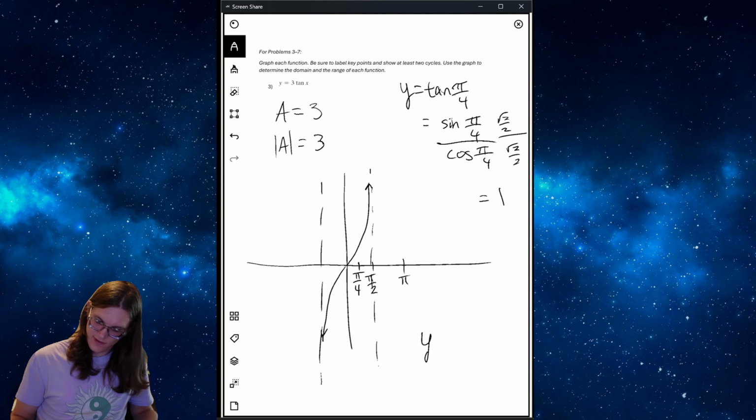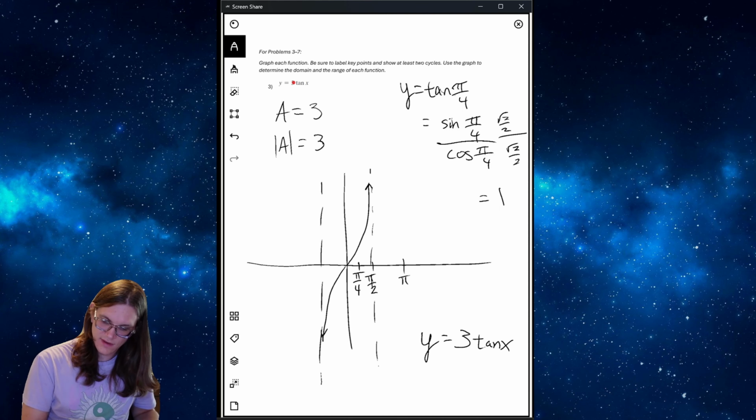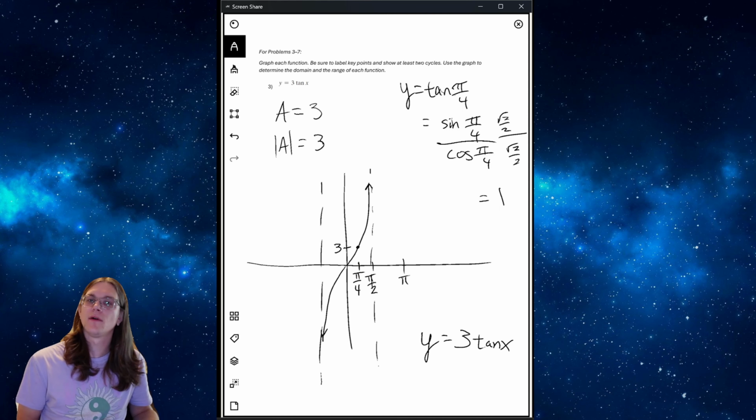And when we have this function, 3 tangent of x, instead at pi over 4 it's just 3 times that 1, which is 3. So that's really all there is to that. At negative pi over 4, I can also tell that it's going to be negative 3, whereas on y equals tangent, it would be negative 1 and 1. Very minor difference.